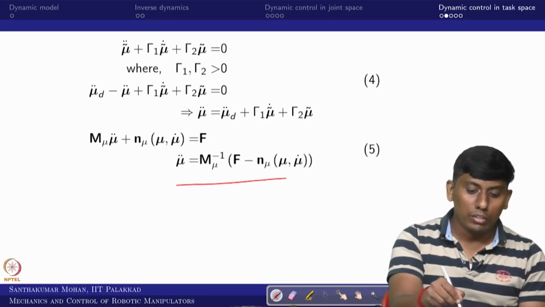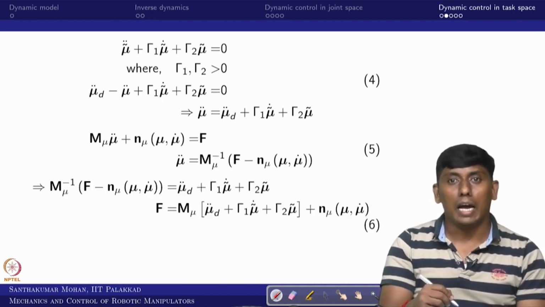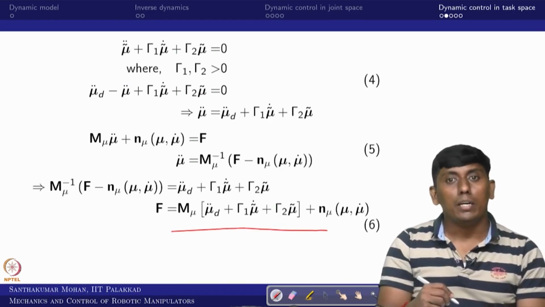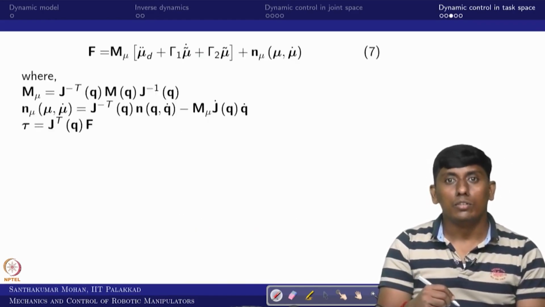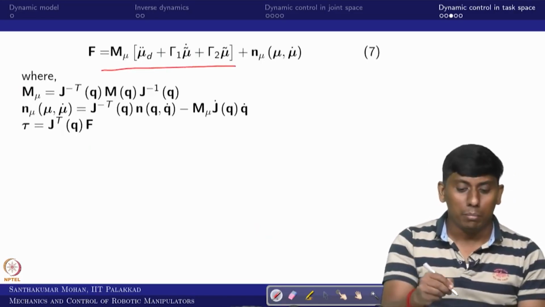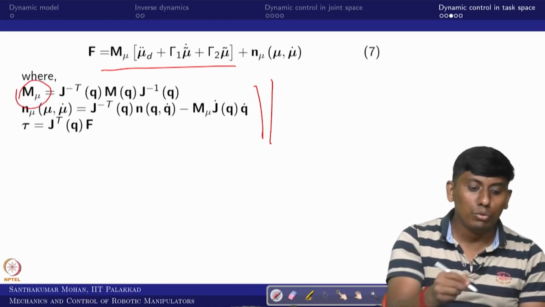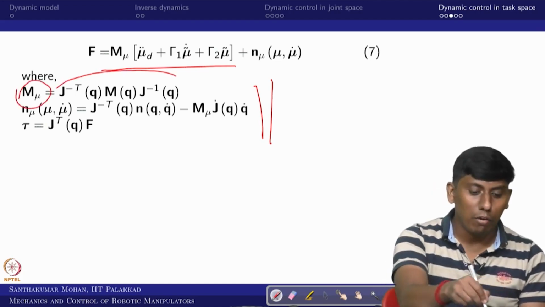Now these two we can equate, then you can see the F would come in this form, but we know certain relations, so that is what we are trying to use. So this is the control input, but we know already these are the relations where the M of mu can be written in this form.